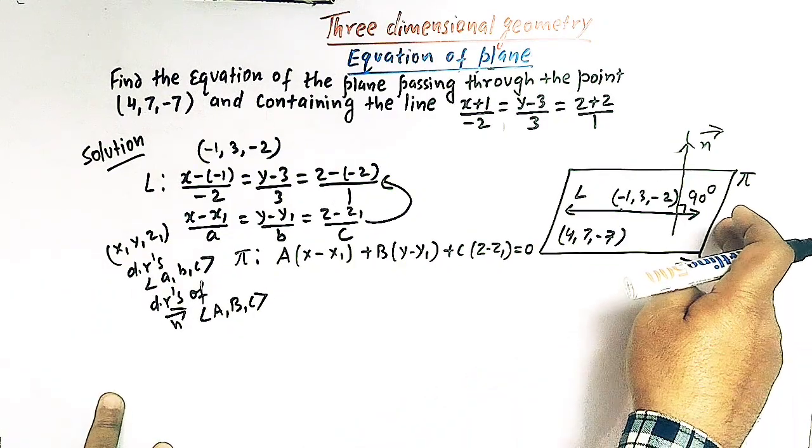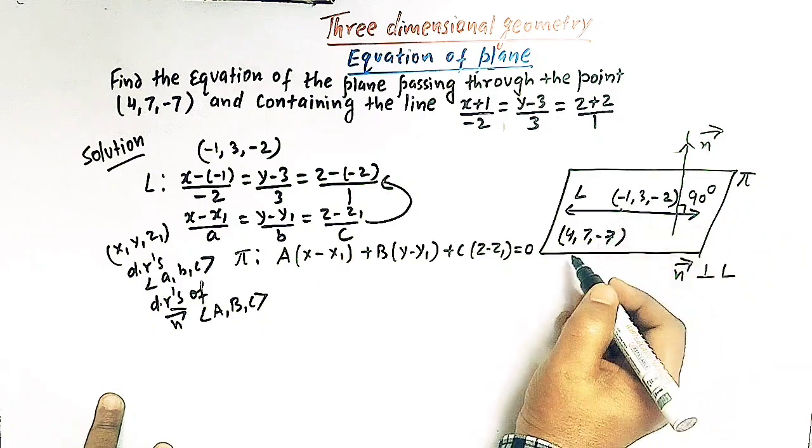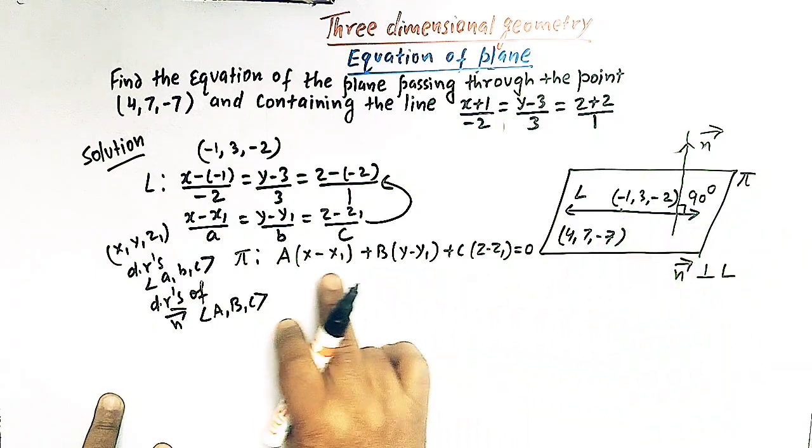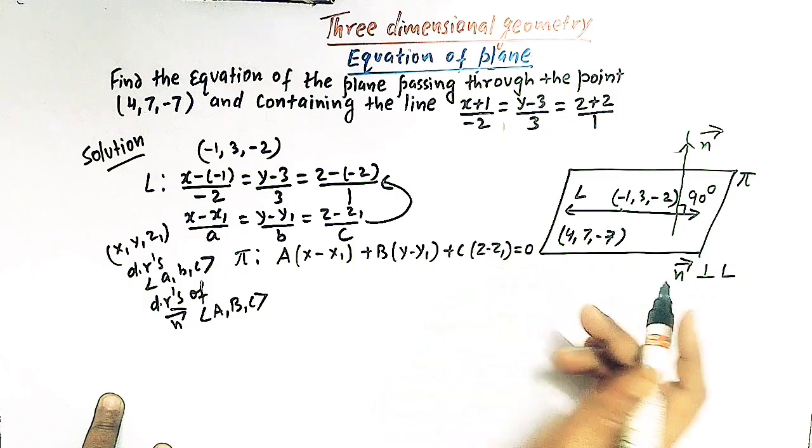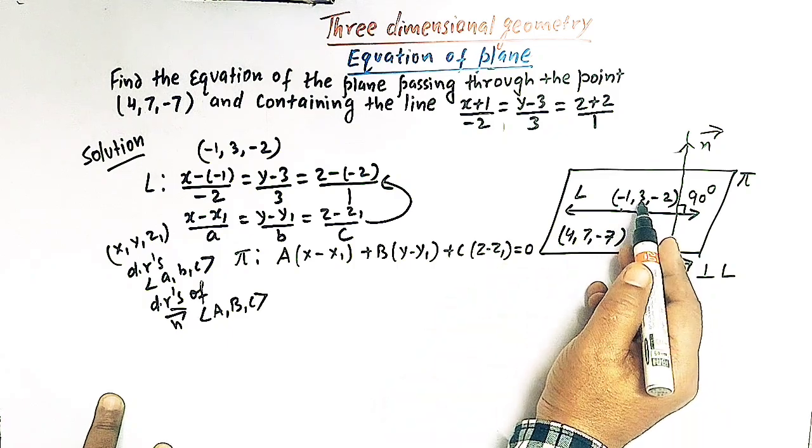So now this plane pi passes through these 2 points. So these 2 points must satisfy this equation. So let us first take this point.